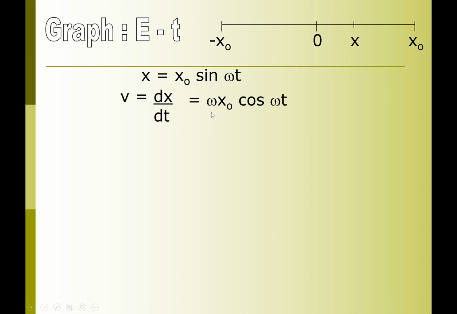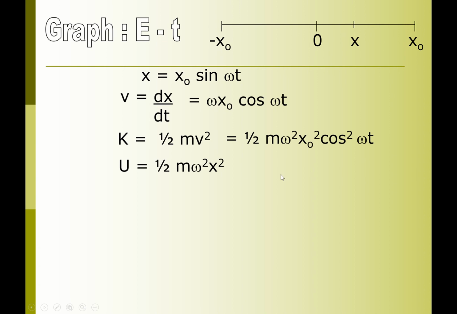So we get omega x naught cos omega t, and we can substitute into the kinetic energy, half m v squared. So we substitute this v into here, and we get half m omega squared x naught squared cos squared omega t. So we get kinetic energy in terms of time.